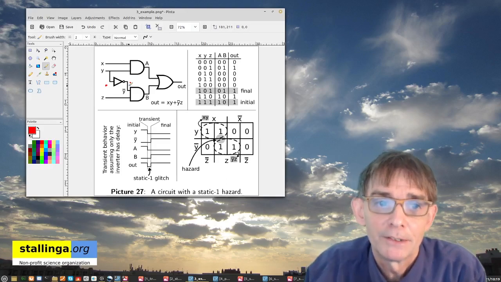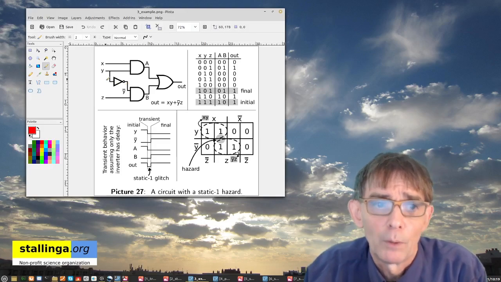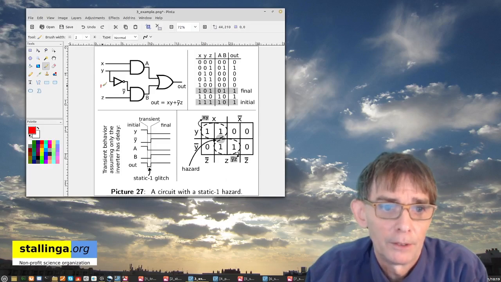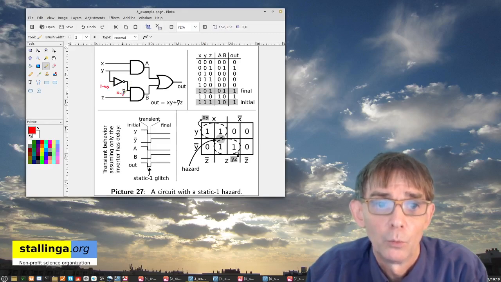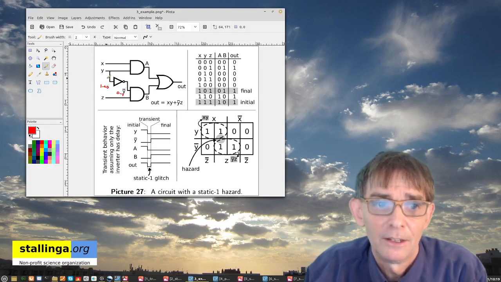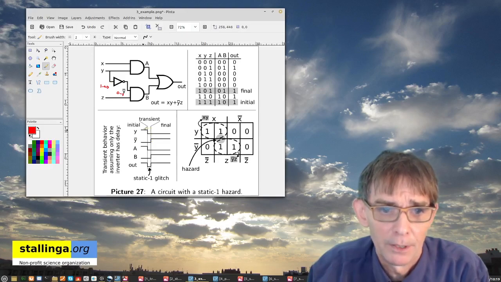That is to say, they can be the same. So if I switch Y from, let's say, 1 to 0, this one of course on this side will go from 0 to 1. But this happens slightly later than the input switching from 1 to 0. I've shown this here in this time diagram.